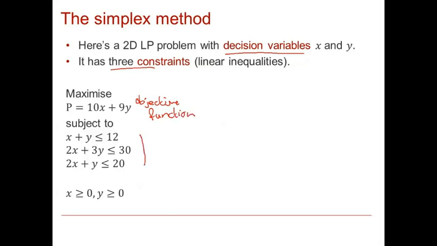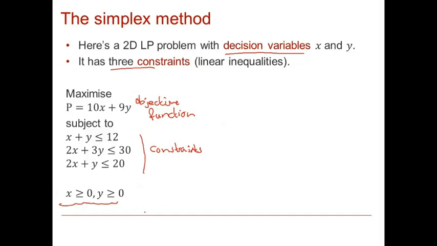And it's subject to these constraints. And not forgetting our trivial constraints of x is greater than or equal to 0 and y is greater than or equal to 0, since many linear programming problems can't have negative solutions.